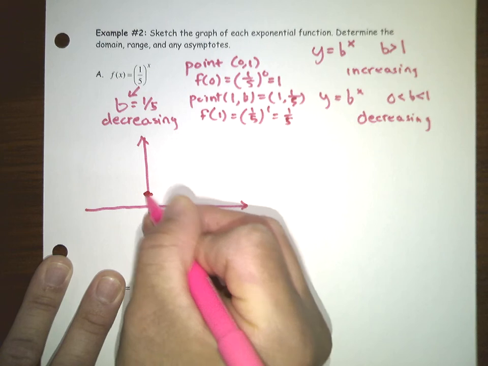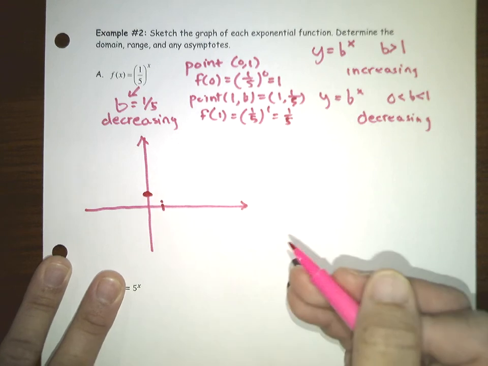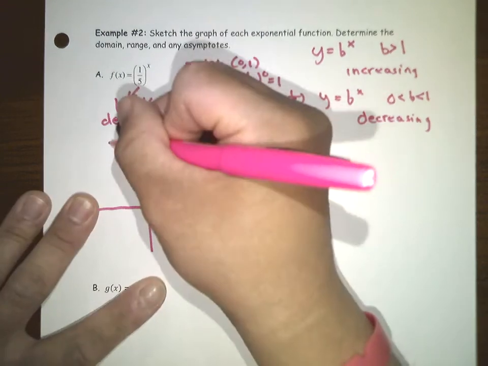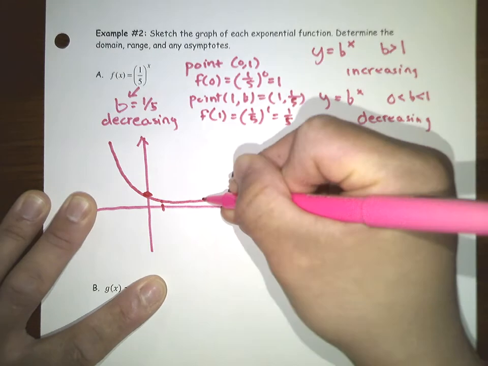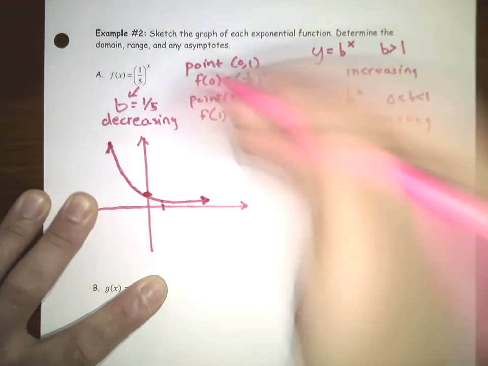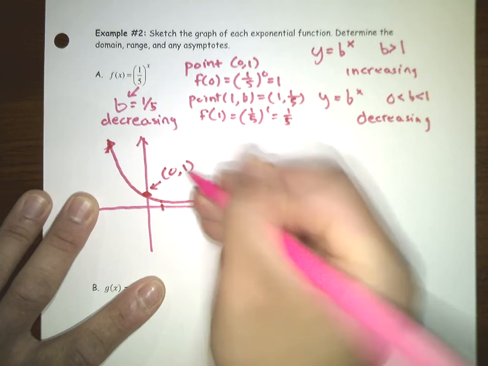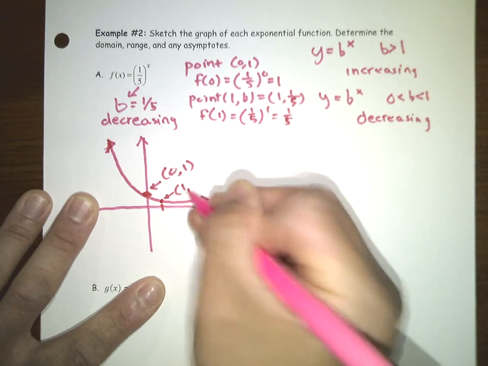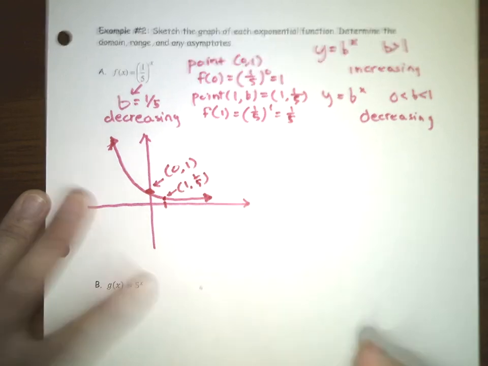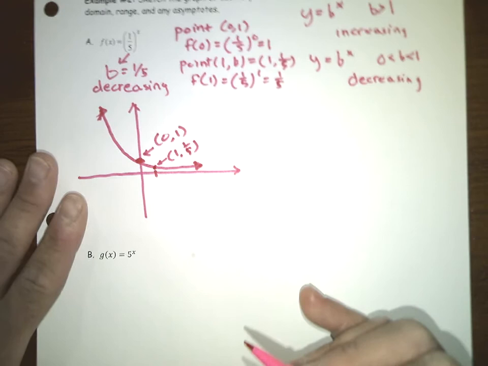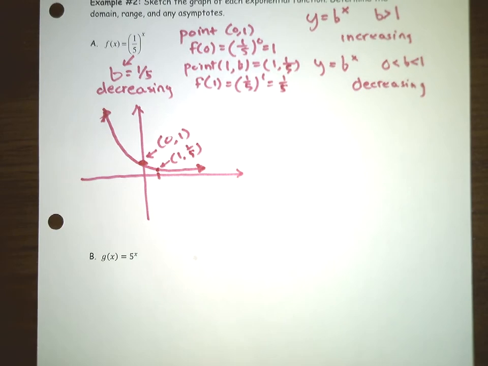So there's a point at 0, 1, and then at 1, 1/5, and I know this is decreasing, so it looks like this. And that's it. All right, so here was the 0, 1, here is the 1, 1/5, and then all I need to do is write down the domain and the range and the asymptote.